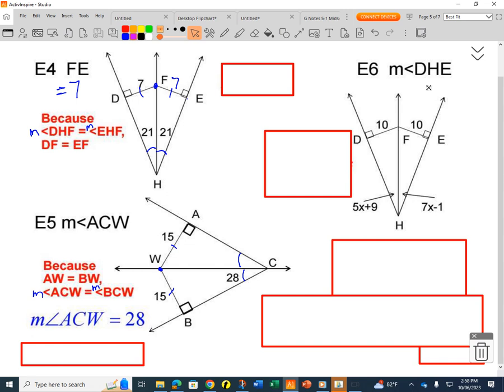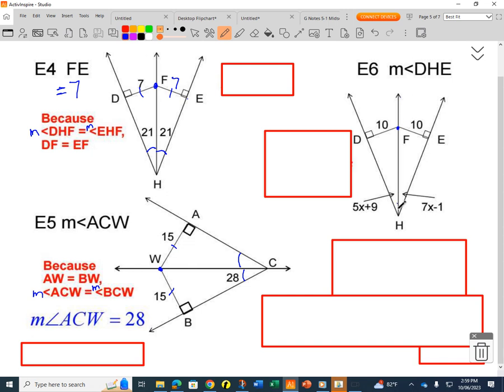Now let's see what we've got. We need to find the measure of angle DHE. I see two measures that are the same here. From point F on ray HF, when you measure perpendicularly to this side, the length perpendicularly to this side measures 10.